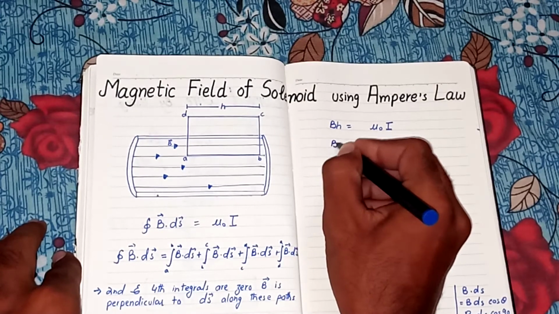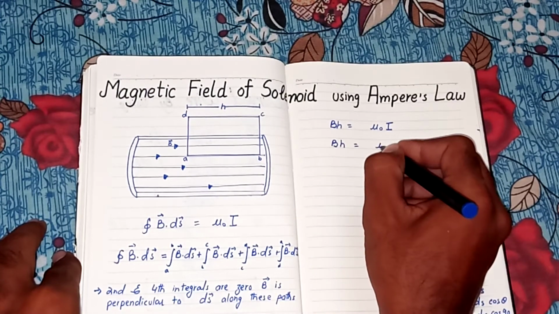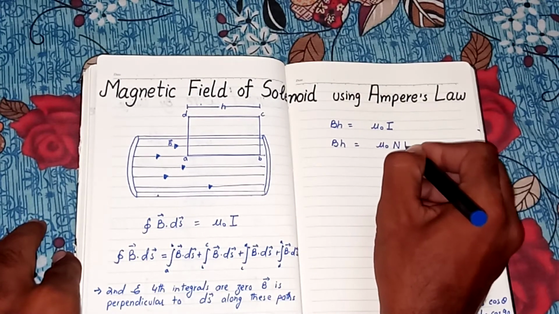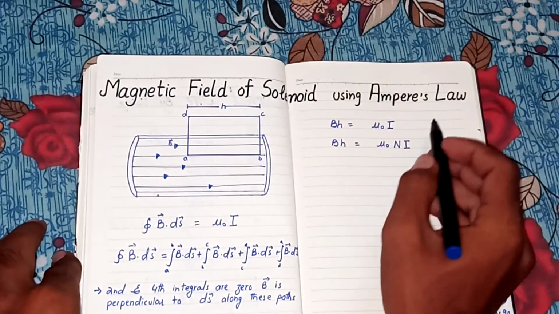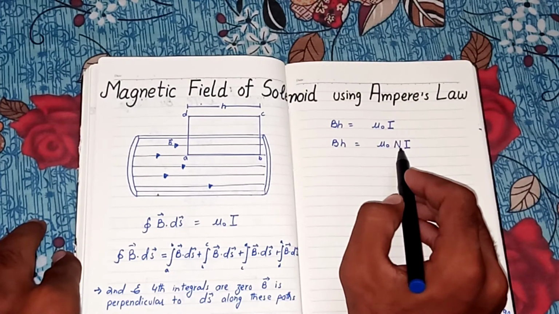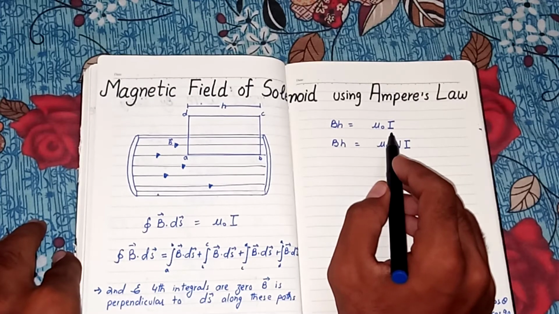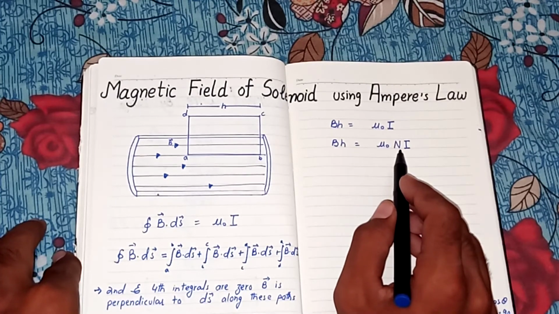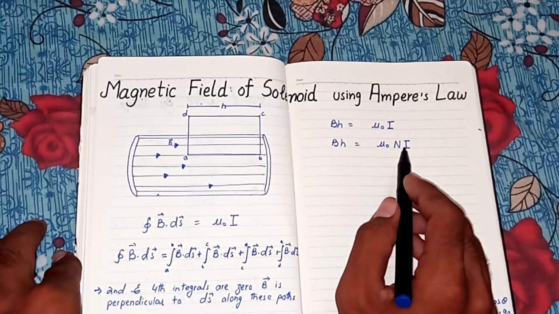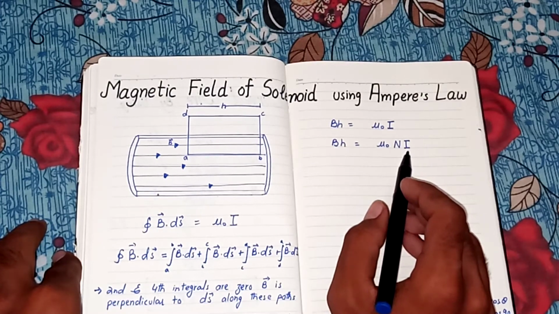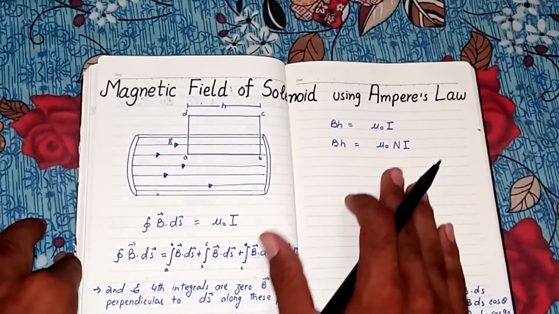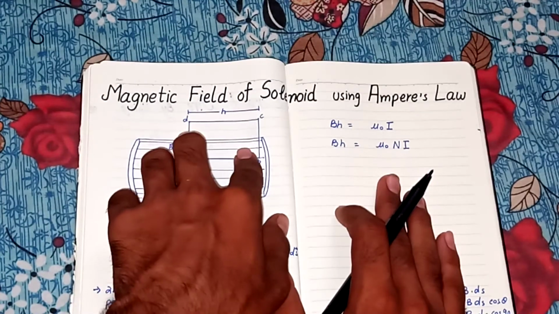Our equation will become Bh equals mu naught nI. We need total current instead of just current. Therefore, we use n to account for the current in the number of turns present in the length h.